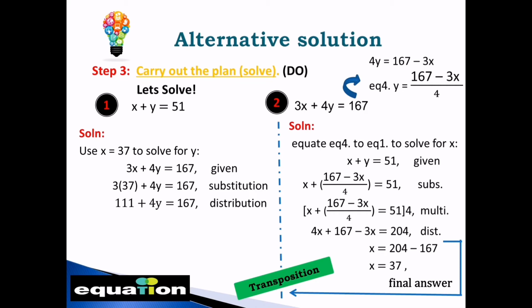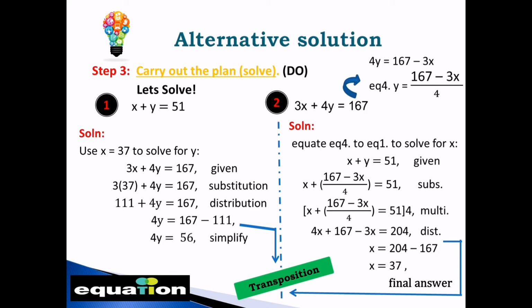So we know that 3 times 37 is 111, retain the term y, and so on and so forth. But in this case, I am looking for the value of y, so I will transpose 111 to the other side. It becomes negative 111 by transposition. Then do the simplification.